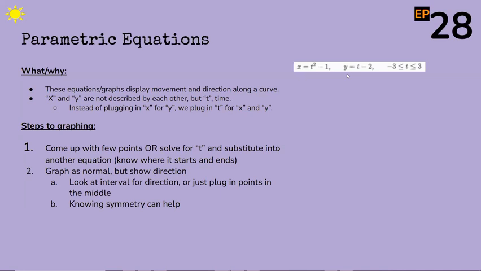Now, what does this mean? Parametric equations tell us more than normal ones would, because they help us know time, like at what point in time we are at this spot. And also it can tell us the direction. So we actually have movement along the curve.